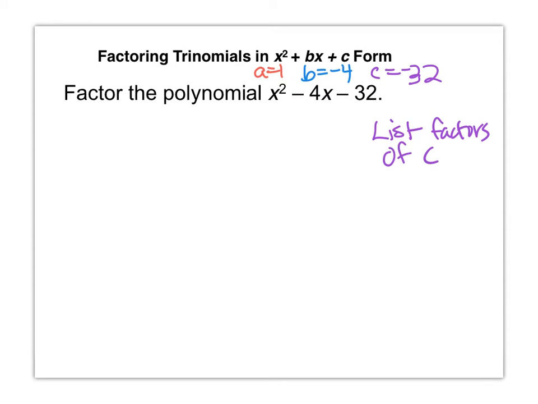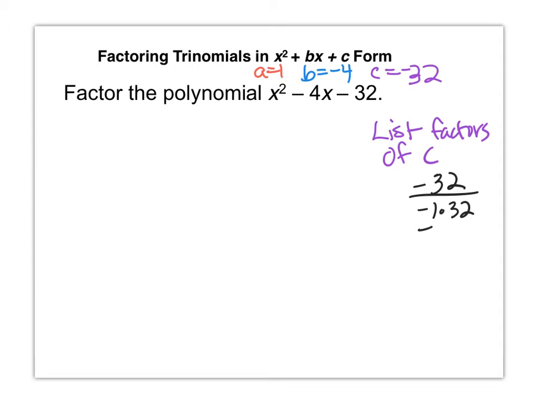Now C is negative 32. So let's write negative 32 over here and then make a list of possible factors. So let's begin with negative 1 times 32. Well, we know if the last term is a negative, in order to get a negative by multiplying, you have to have a positive times a negative or a negative times a positive.